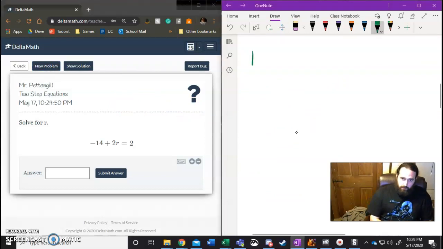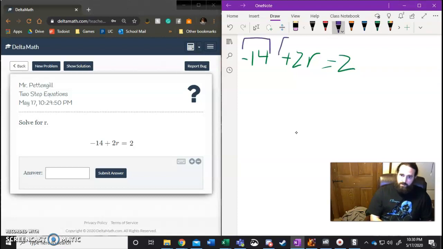Again, boom, 14 plus 2r equals 2. Oh, sorry, it's a negative 14. This is my two terms. I want to ignore the ones with the variable for the moment and deal with the ones that don't have a variable. So I'm going to add 14 to both sides.